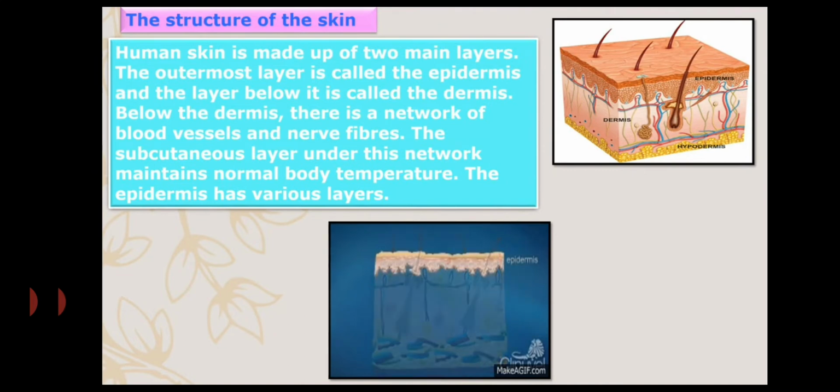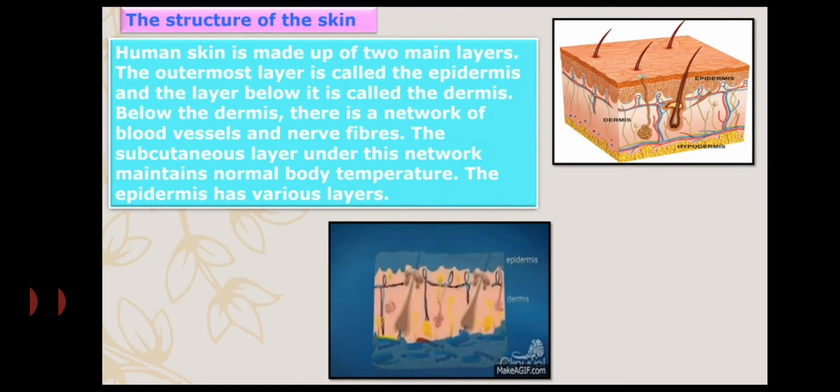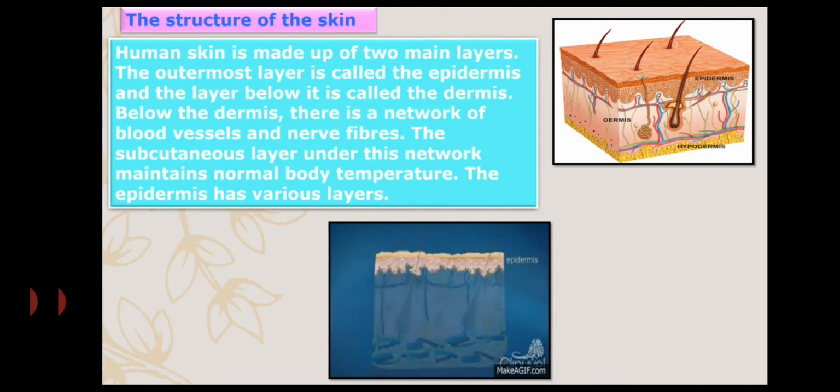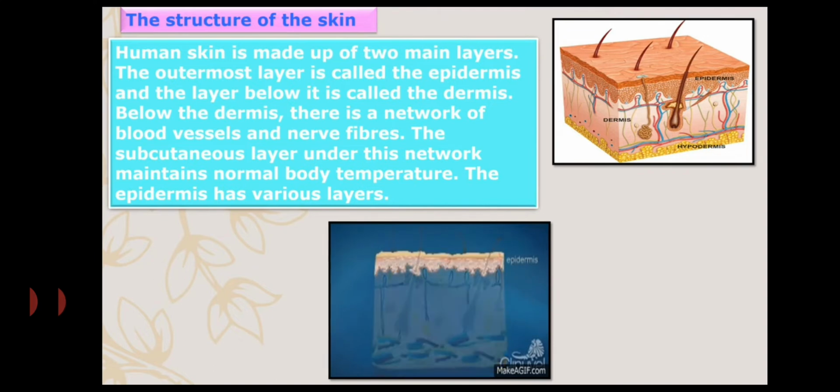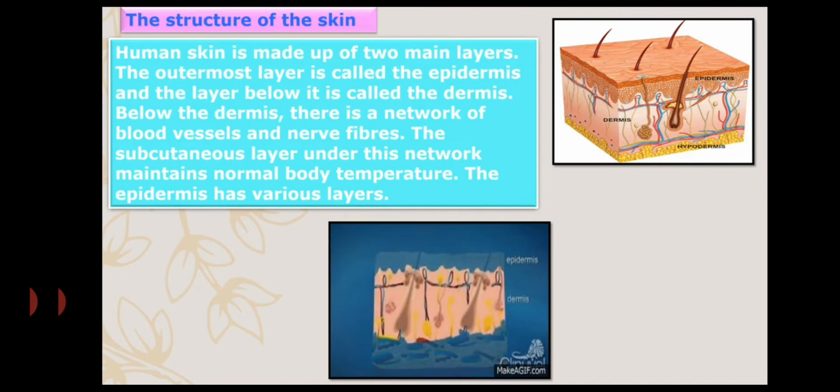So, the structure of the skin. Here, human skin is made up of two main layers. First one, the outermost layer is called the epidermis, and the layer below it is called the dermis.